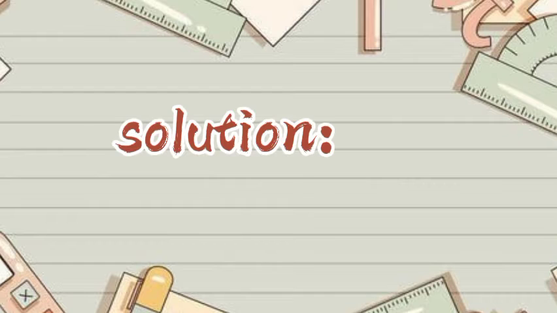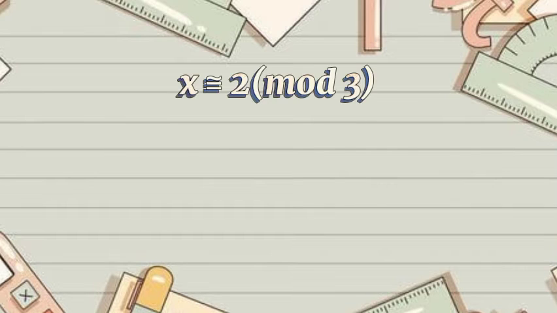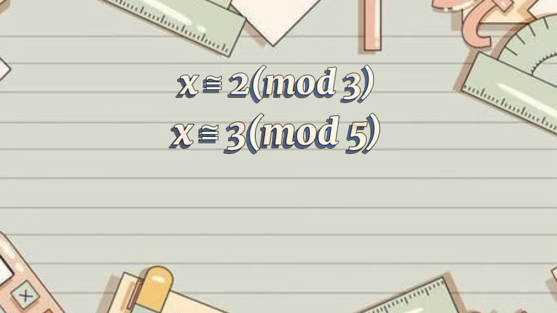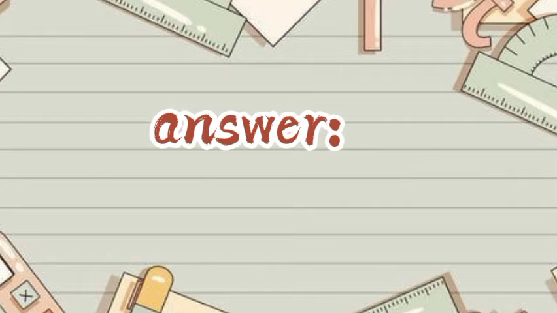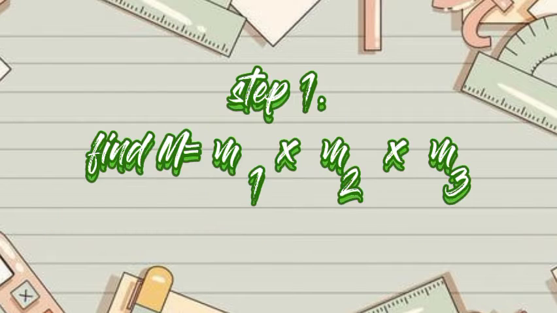So here is the solution to the simultaneous equations x is congruent to 2 mod 3, x is congruent to 3 mod 5, and x is congruent to 2 mod 7. You just simply follow the 4 steps. Step 1. Find M equals m sub 1 times m sub 2 times m sub 3.